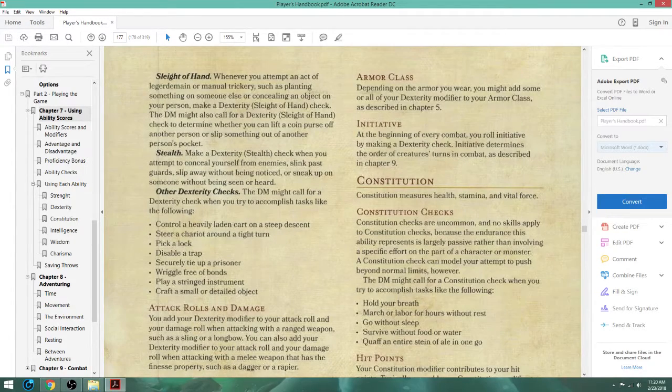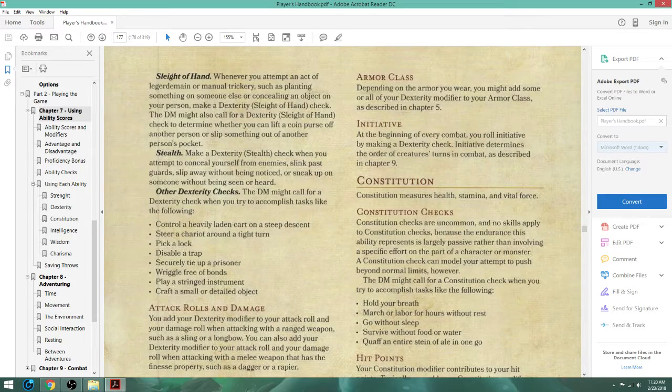Or if you're trying to pickpocket someone, lift a coin purse off another person, that'd be sleight of hand. But what usually follows up with that is a stealth check. Stealth checks are made for everything, such as sneaking up, slipping away, getting ready for a sleight of hand check, and so on.